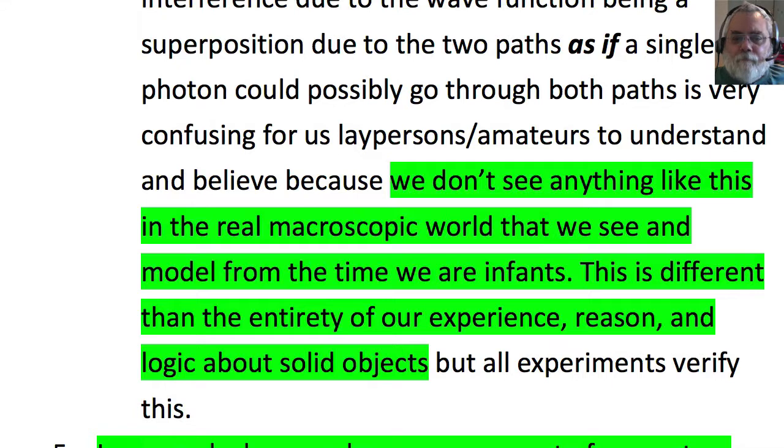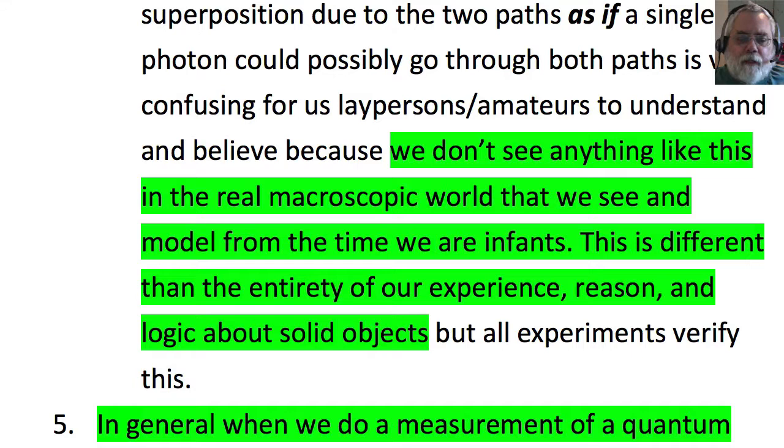So our brain builds our experience from the world around us, and these quantum effects are different than the entirety of our experience, reason, and logic about solid objects in the world. But all experiments verify this quantum reality and results.